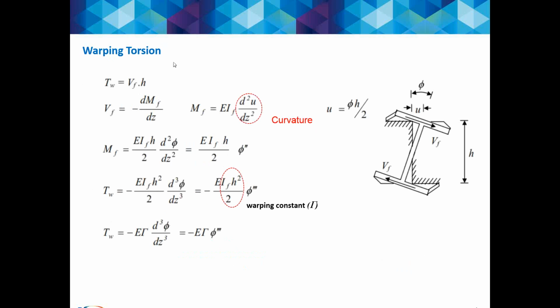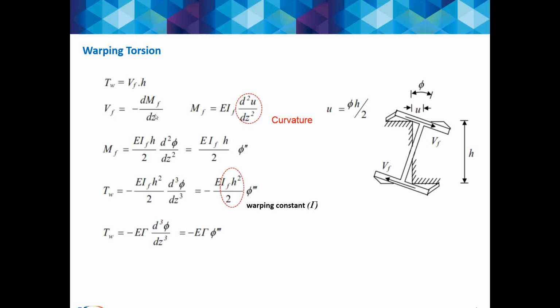But for the warping torsion, how can we obtain it? If we think about this torsion, there is a shear force on the top and bottom flanges, and if we multiply it by their height, we can get this torsion, the warping torsion.